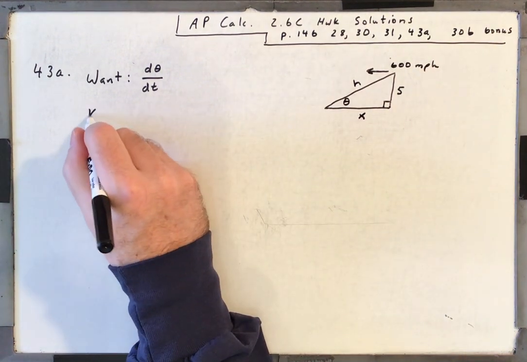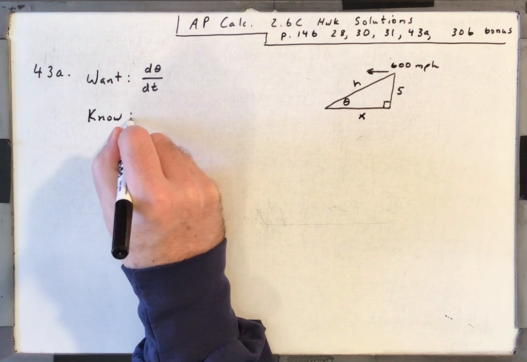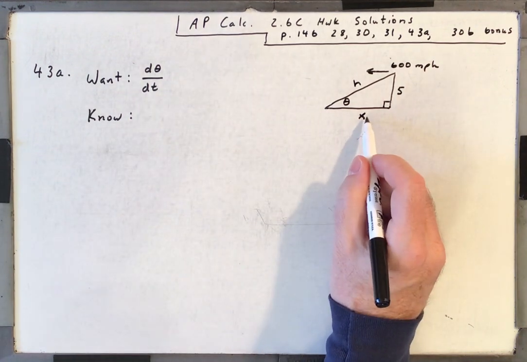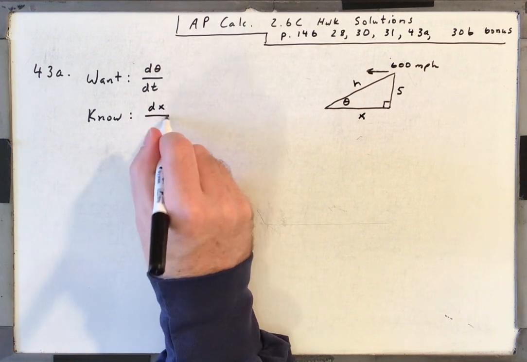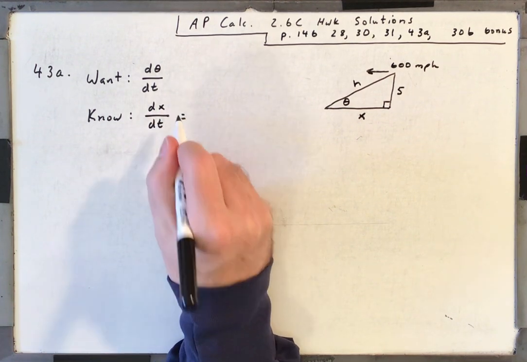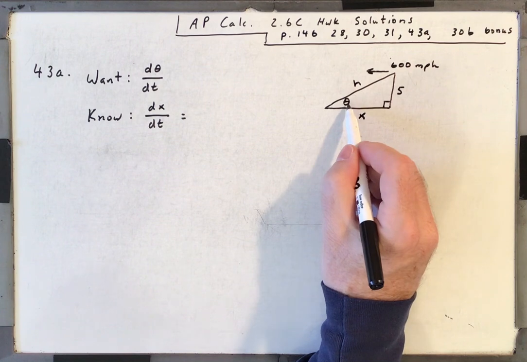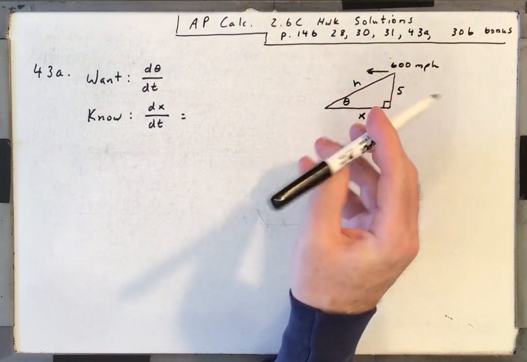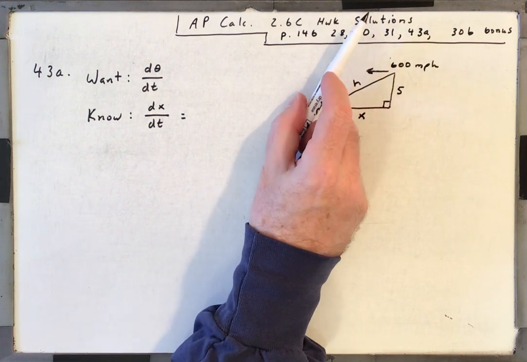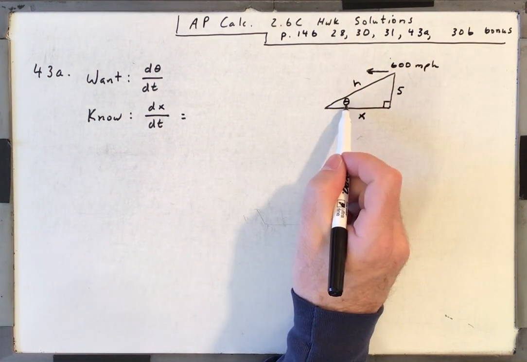We know then the plane is moving in the x direction. If you labeled that a different letter than x, then it would be that letter. But dx/dt is equal to, now theta we know if the plane is moving this way and this hypotenuse is going like this and moving that way, theta is going to be getting bigger.